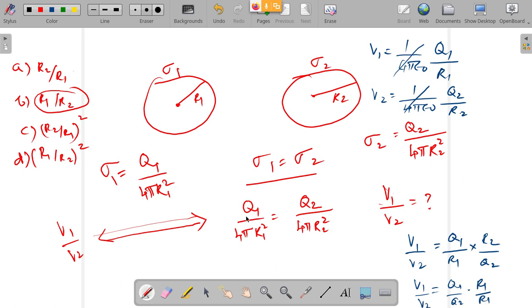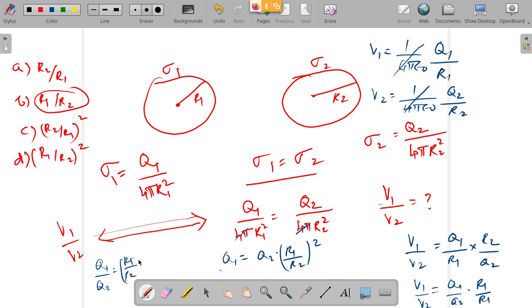Now what is Q1 in this expression? The 4 pi you can cancel. Q1 is Q2 times R1 by R2 whole squared. So Q1 by Q2 is R1 by R2 whole squared. Right?